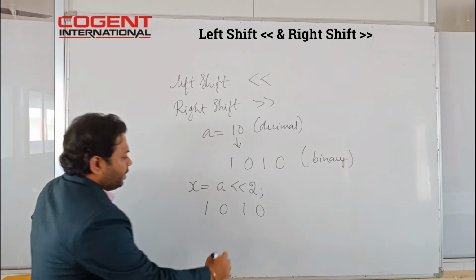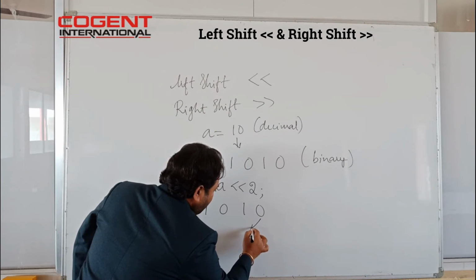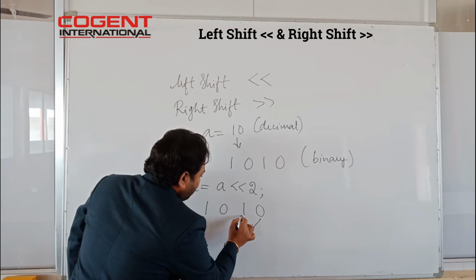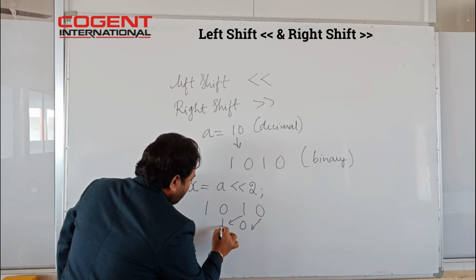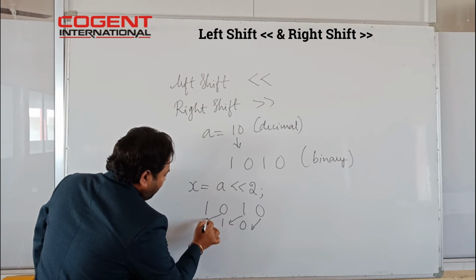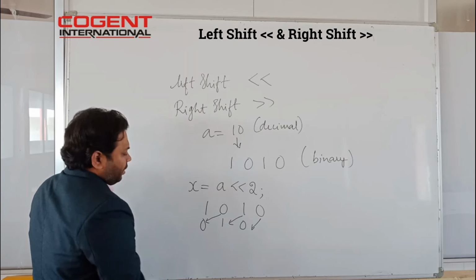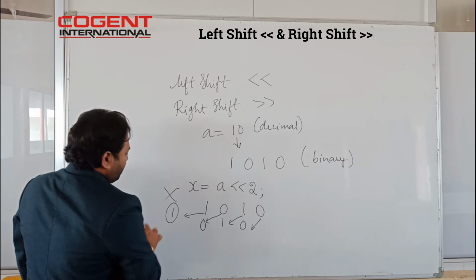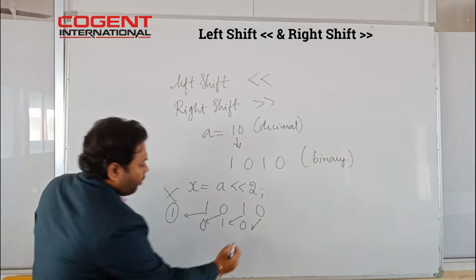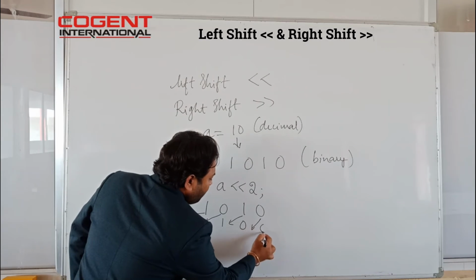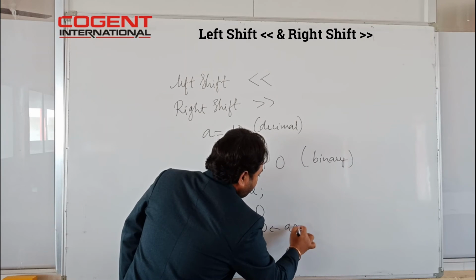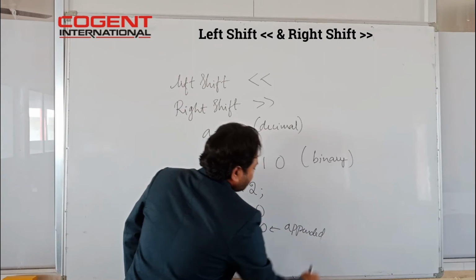That means this 0 will occupy this position, this 1 will occupy this position, and this 0 will occupy this position. What about the leftmost bit? It will be discarded. And at the last position, a 0 will be appended.